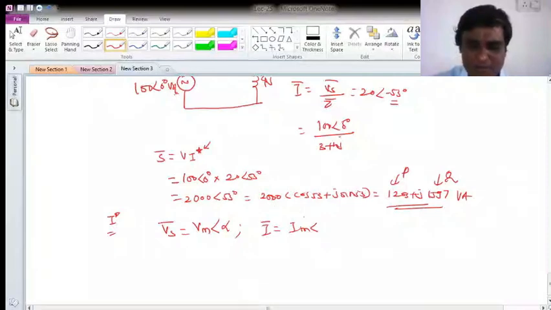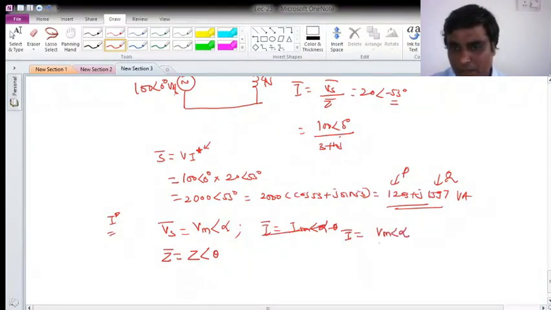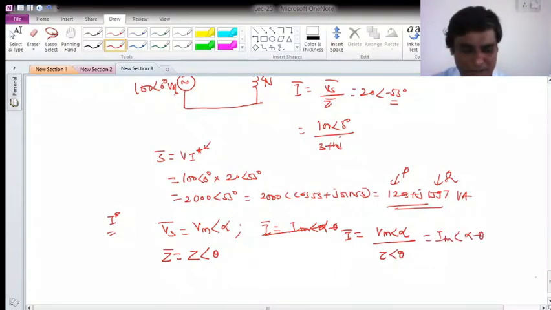Basically Vs bar is Vm angle alpha, and Z bar will be magnitude Z with some angle theta. So I bar will be Vm angle alpha divided by Z angle theta, so it will be Im with angle alpha minus theta.